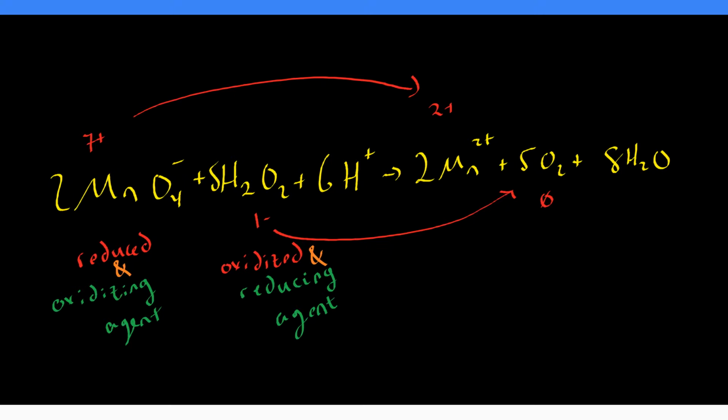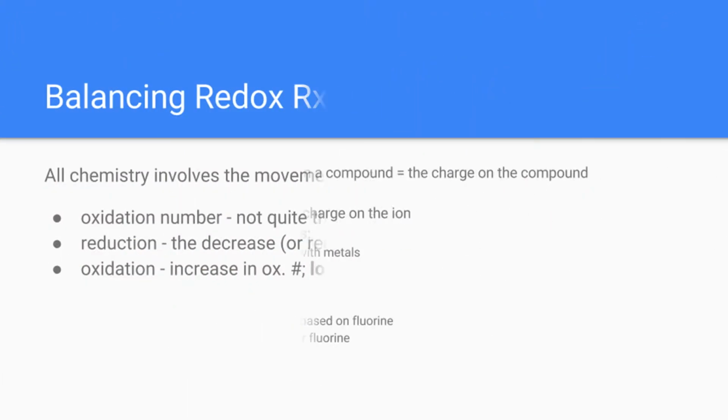So the oxidizing agent itself is reduced. And that's why it can be kind of confusing. Similarly, you get the reducing agent. The reducing agent causes reduction in something else. So the reducing agent is oxidized. Hopefully this little diagram will, at the very least, help.